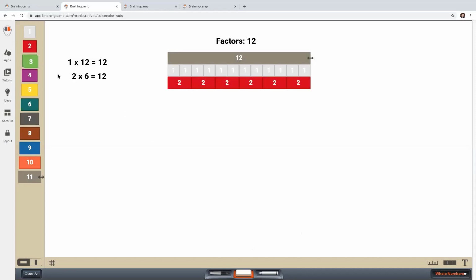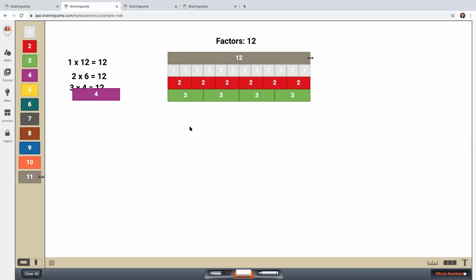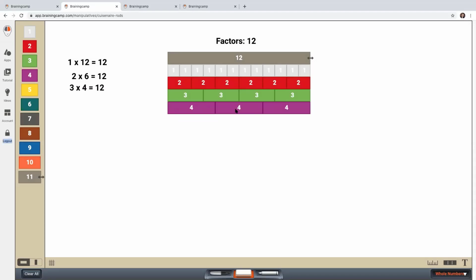And then check the 3 tiles. All right, looks like I can get 4 3 tiles, the same length as 12. So that's my model of 3 times 4 equals 12. Then I'm going to check the 4's. I can fit 3 of the 4's tiles, so that's my model for 4 times 3 equals 12.